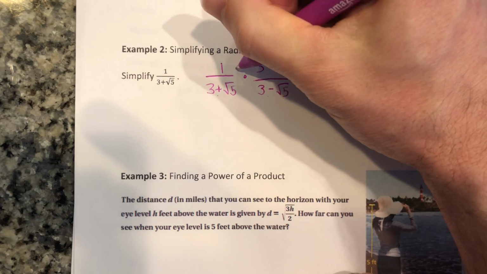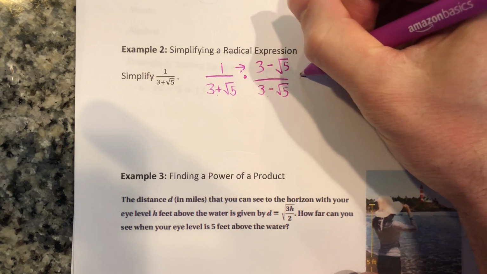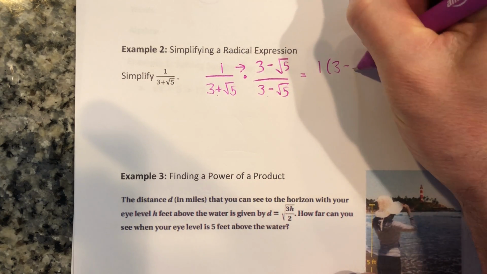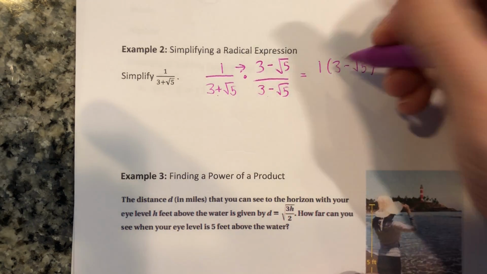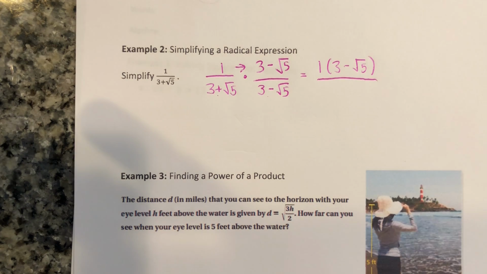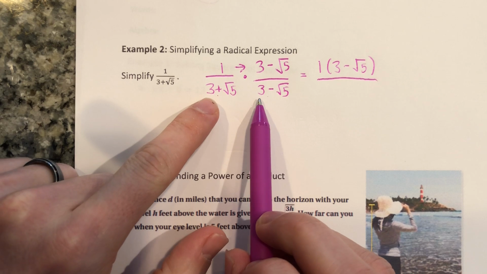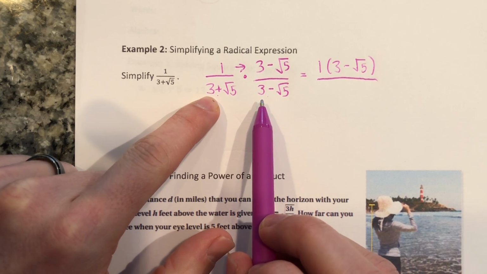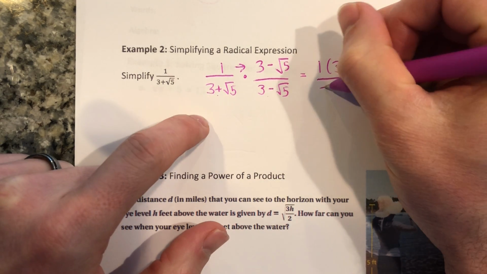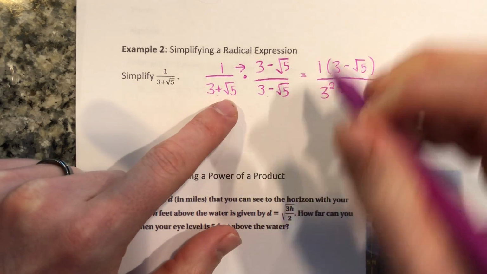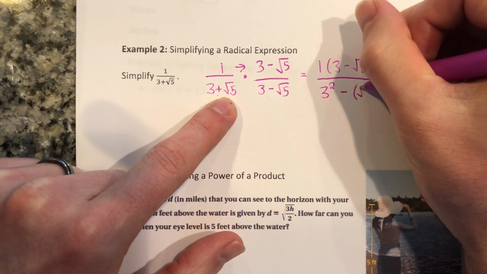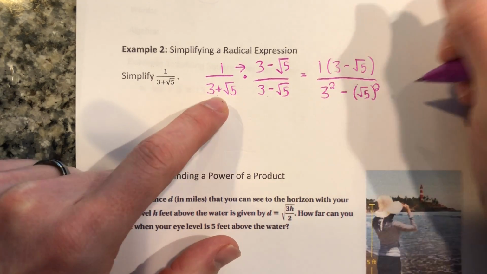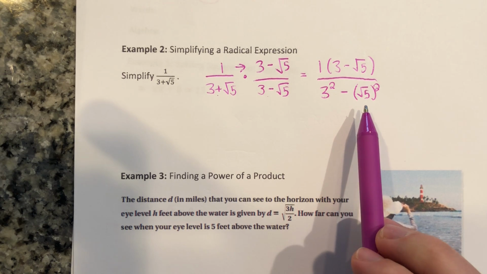So we're still going to multiply across, right? 1 times 3 minus the square root of 5. When we multiply 1 by anything, it just gets us itself back. So we'll see that 3 minus square root of 5 is still up top. But watch what happens here. I can multiply these numbers by each other. It's going to be 3 times 3, which is 3 squared, minus square root of 5 times square root of 5, which is square root of 5 squared, because we're just multiplying square root of 5 by itself.